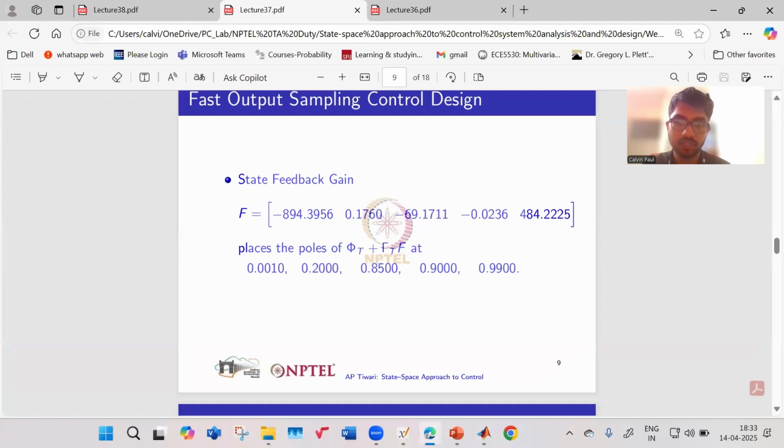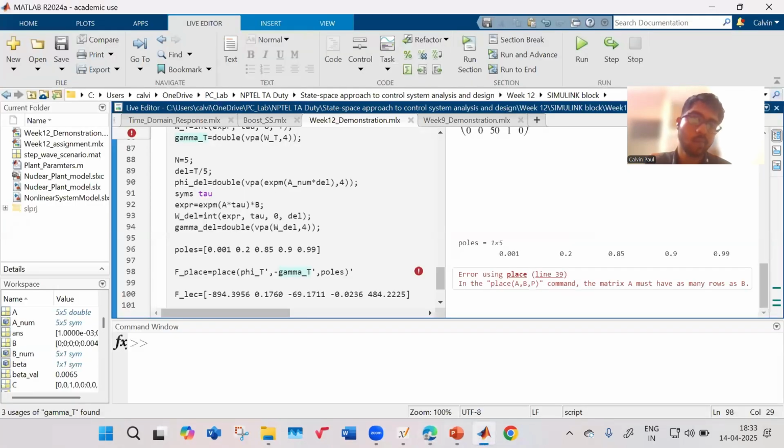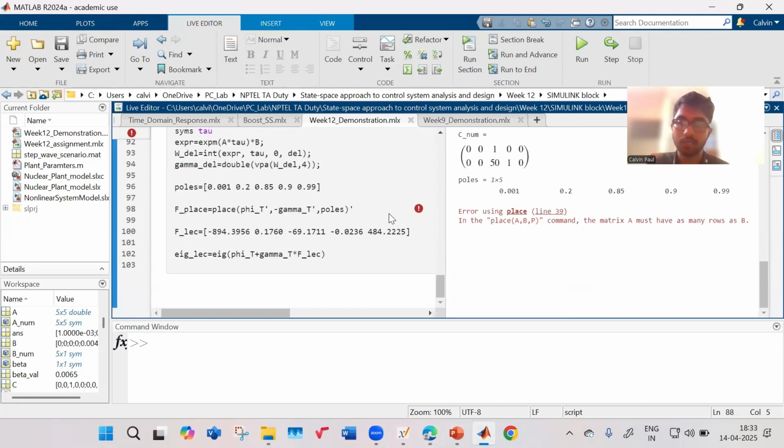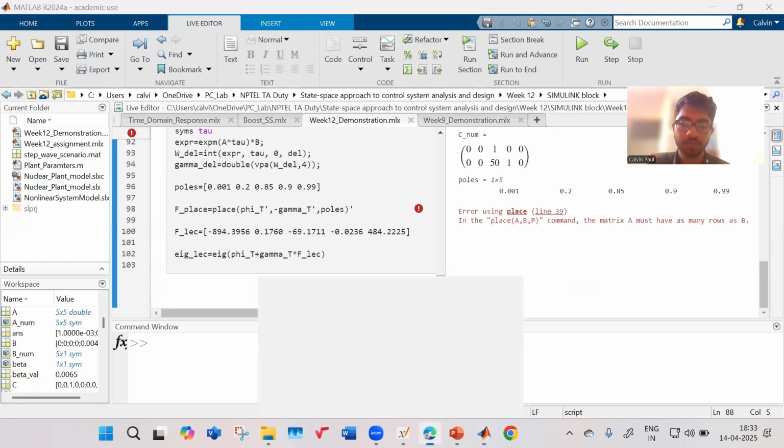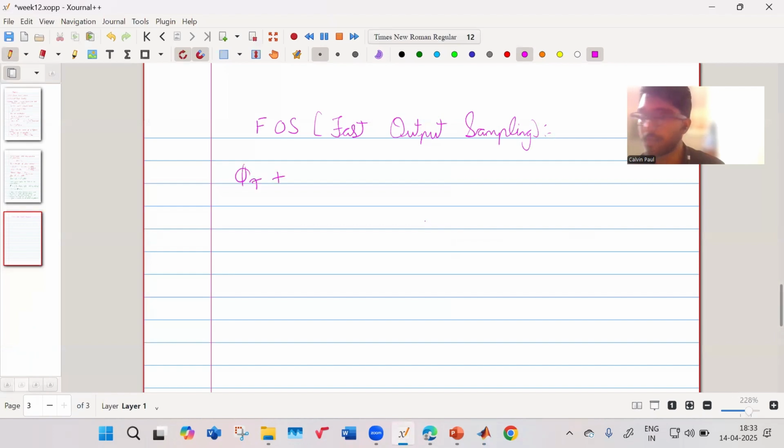We derived it here: we place phi t plus gamma t into f. So this is similar to a plus b k. No, the place does a minus b k.